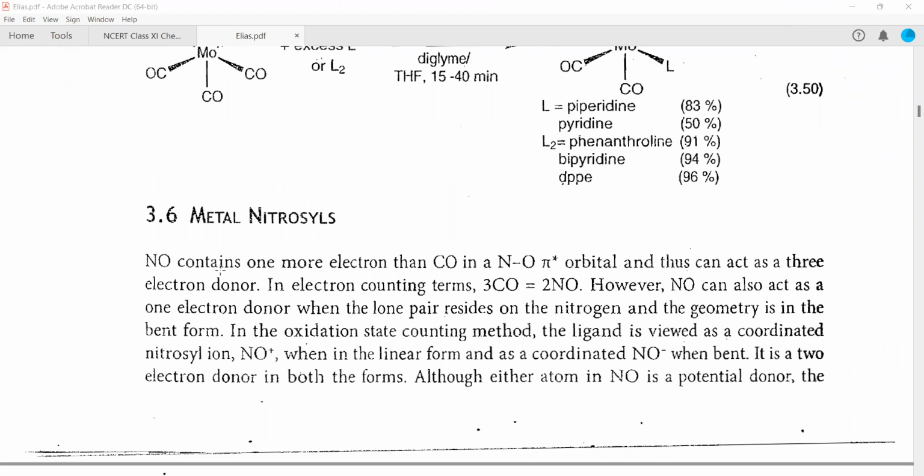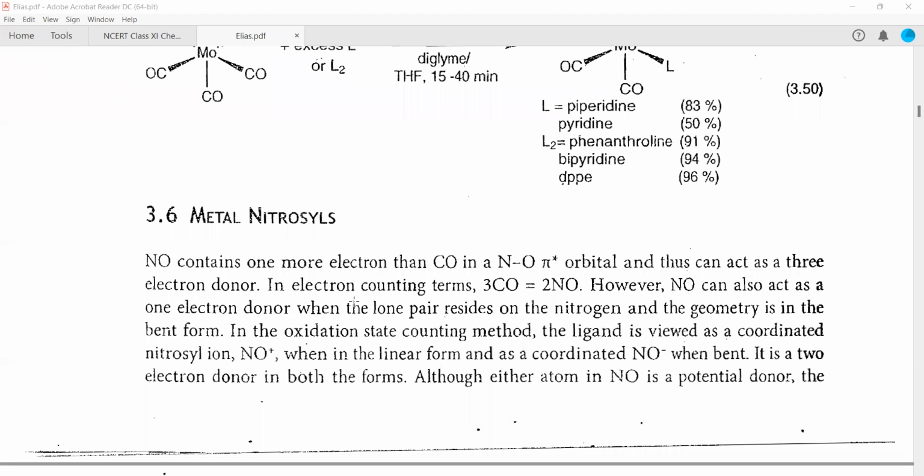So this nitrosyl contains one more electron than the carbonyl in its NO pi star orbital, and thus can act as a 3 electron donor. 2 electrons it donates from the lone pair that was there in the carbonyl also, and 1 electron it has extra.